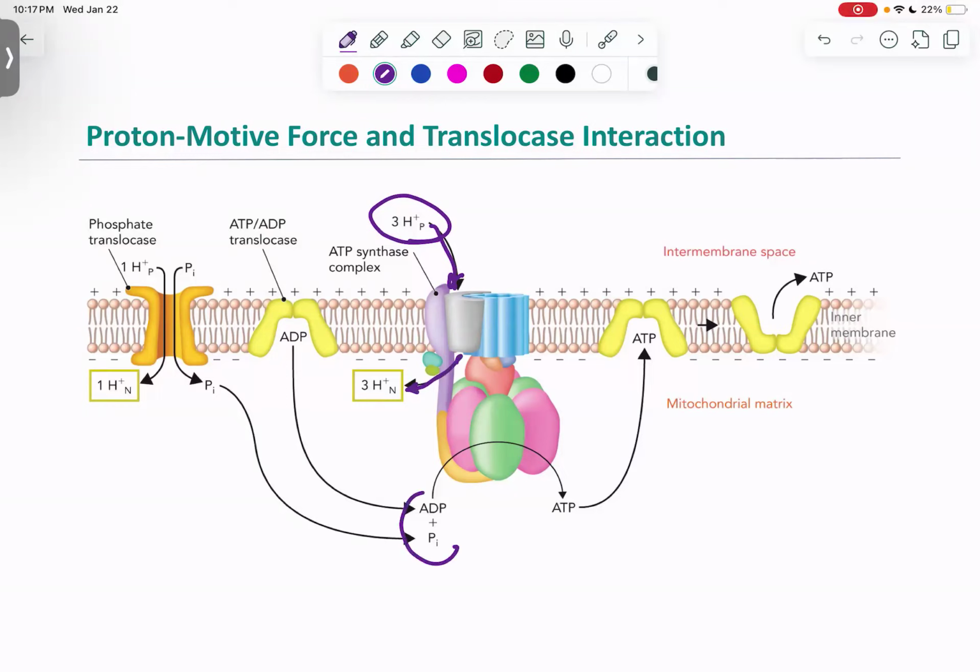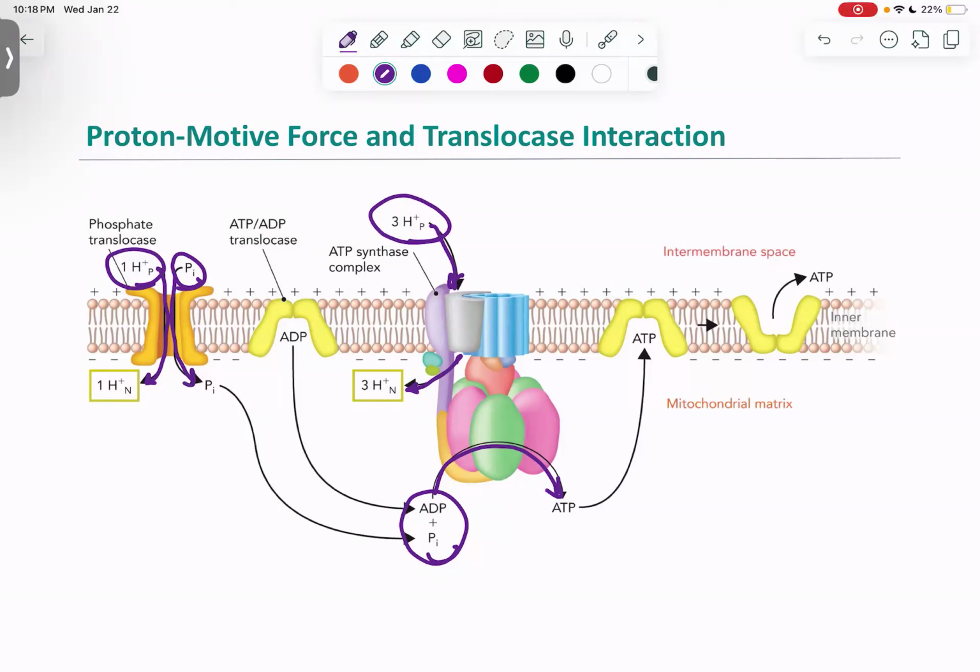And at the same time, we take an ADP and an inorganic phosphate and turn it into an ATP. So what did that cost us? Well, it also cost us a proton in order to be shipped in so that I can also bring in an inorganic phosphate. Most of the time, not all the time. Sometimes you can use that antiporter, right?